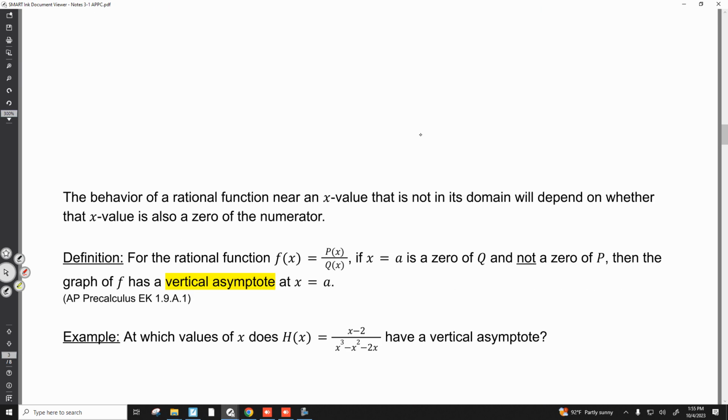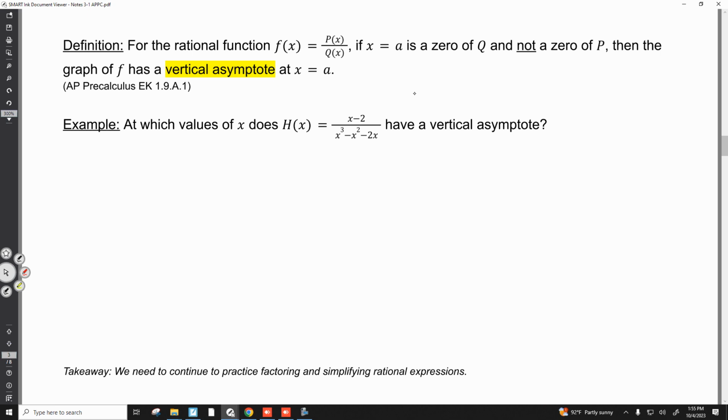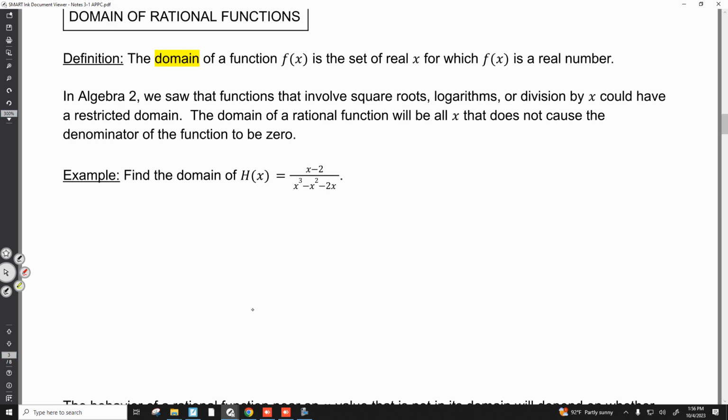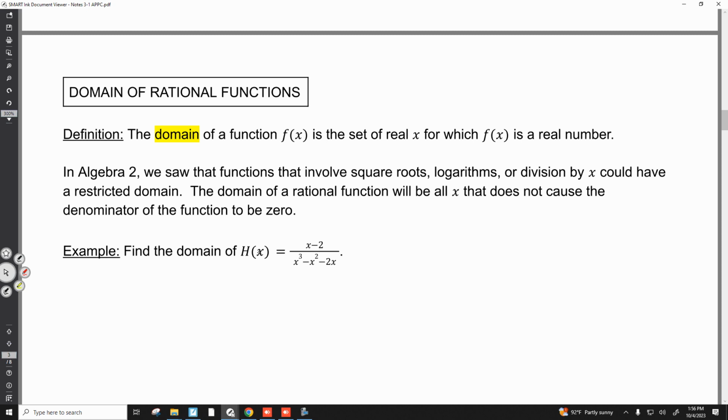Skip domain, we'll come back to it. Actually, start a domain. We can reword this domain of rational functions into: what aren't you allowed to have in a fraction? Like, when we have a fraction, what's a bad number in a certain spot where it breaks the fraction and we don't get an answer? Tell your neighbor. You're not allowed to have zeros in the bottom.